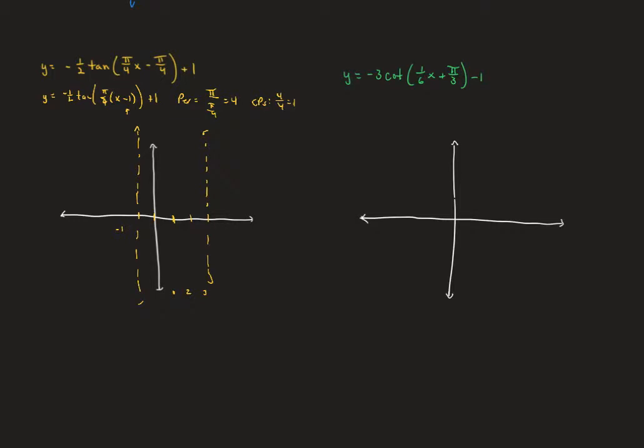So our middle is going to be at 1, comma 1. So there is the middle of our tangent curve. Now this is going to be reflected because of the negative there. So I'm going to go 1 tick mark to the left, and I'm going to go just up a half because of that half in front. So that's going to be at 3/2.